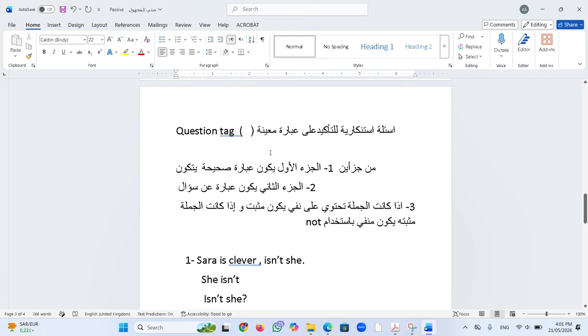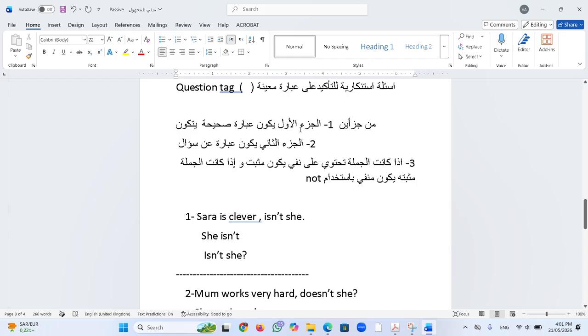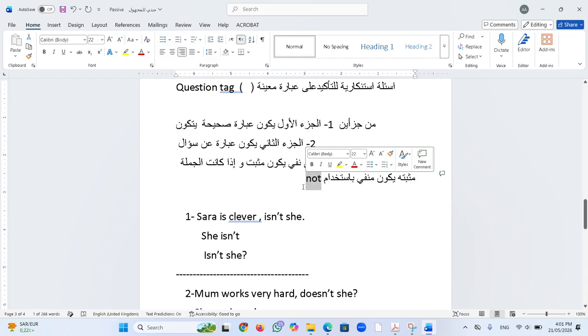Now the next structure. Question tag. It contains two parts. The first part is a statement, a true statement. The second part is a question about the true statement. If the first part includes not, the second part doesn't include not.